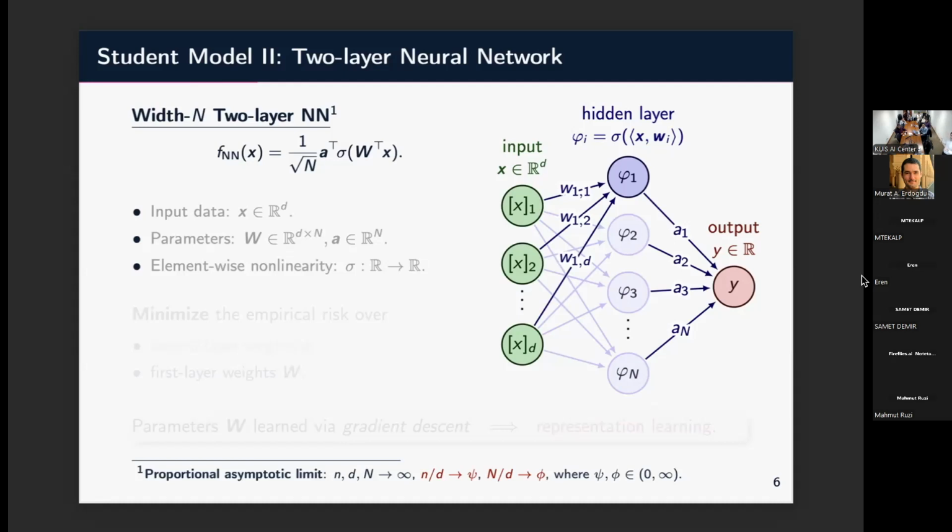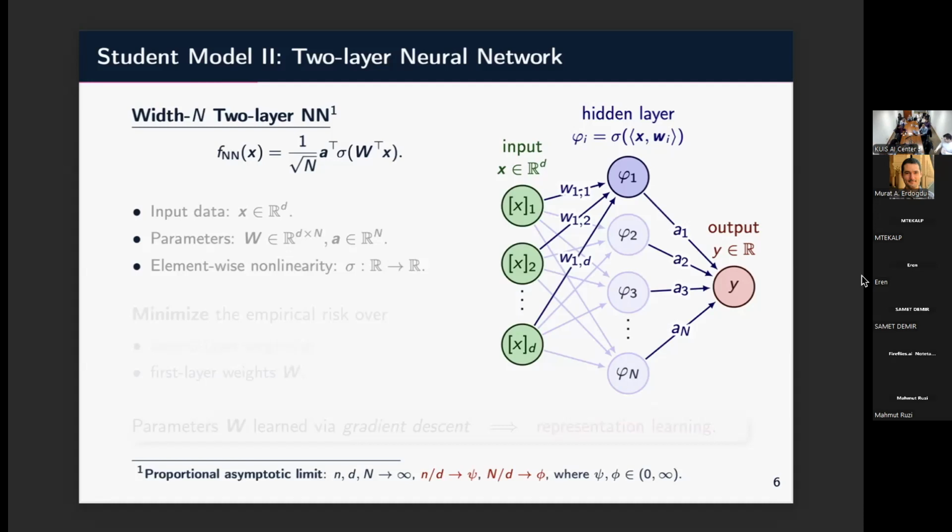Now, what is important is when you train a two-layer neural network, you train both the first and second layers. Let's think of a training scenario. I would initialize both weights, W and A. W is the first layer weights, A is the second layer weights.